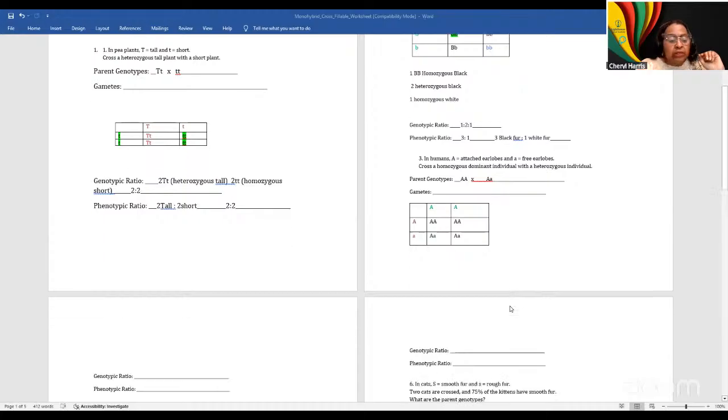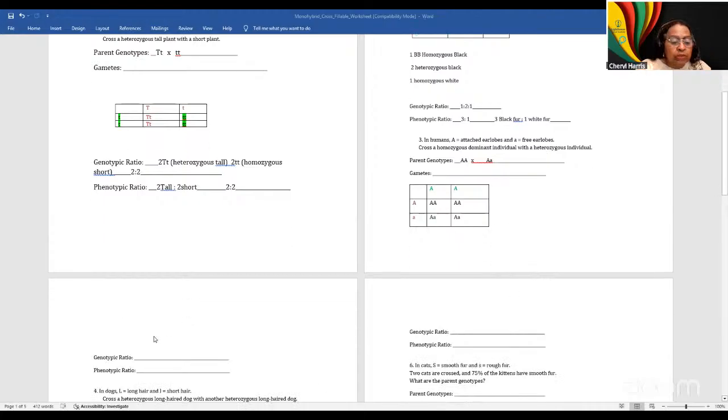Again, mine is switched over to this side. Hopefully yours is all on one page. Let me write this over here. We have two of them with capital A's, so they are homozygous.